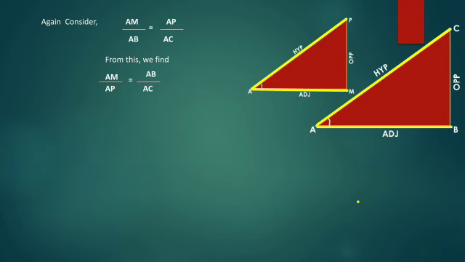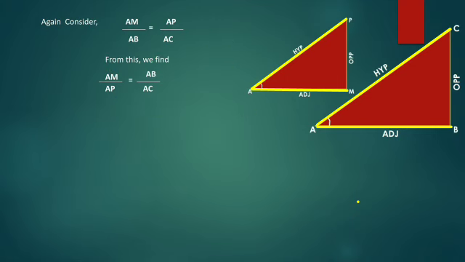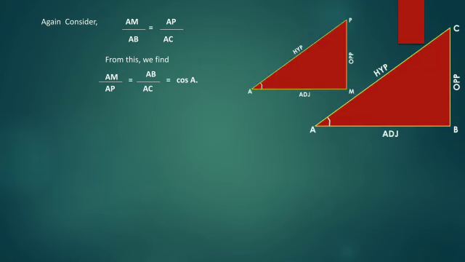AB is the adjacent side of triangle CAB and AC is the hypotenuse of triangle CAB. What is adjacent by hypotenuse? Cos of A, or cosine of angle A. So both are equal to cos of A.